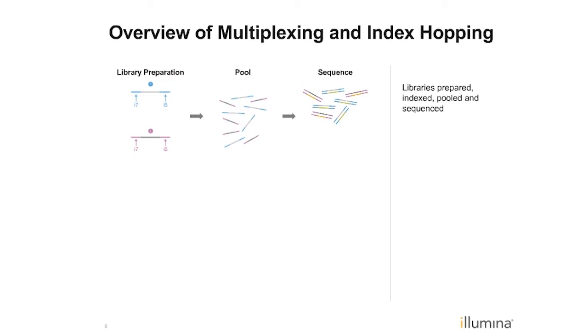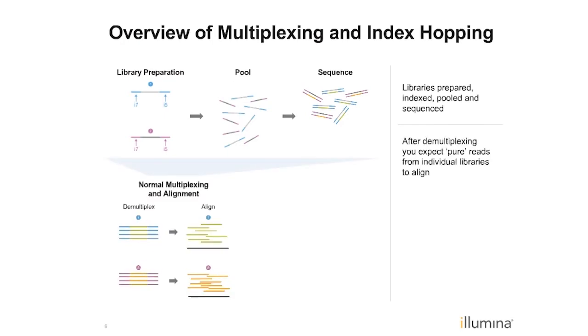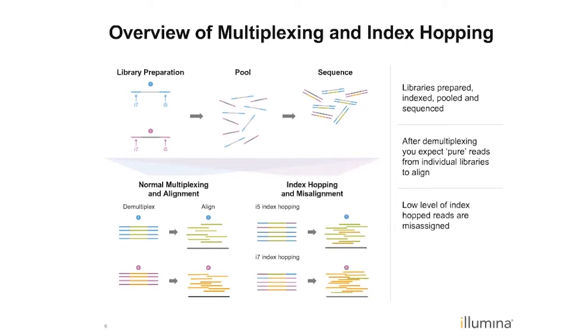And if you pool them together and then sequence them and go through demultiplexing, ideally all the blue ones would sort out together during normal demultiplexing, and all the purple ones will sort out together. And then when you look at the inserts, the green and orange segments here, you'll get nice pure inserts for doing your alignment and analysis.